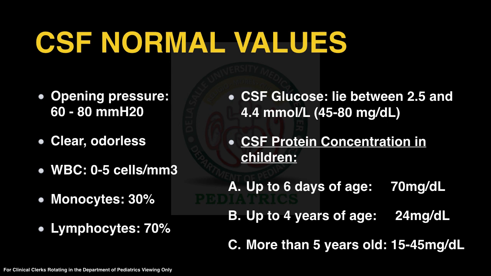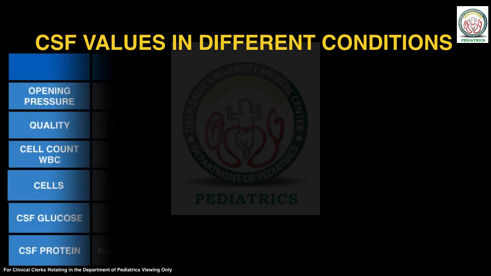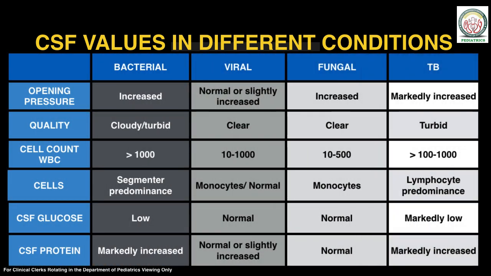Now, the following are the different CSF values in different conditions. We have tabulated here the most important conditions that we see in our practice. We may see bacterial, viral, fungal, or TB infections affecting the CSF.